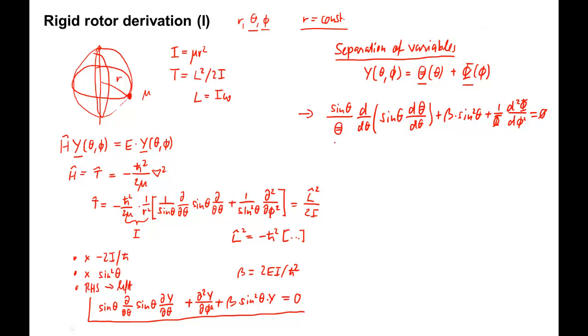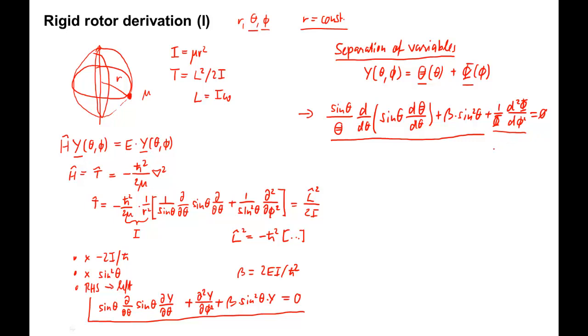Now, the first two terms depend only on theta, and the last term depends only on phi. Varying phi could potentially change the last term, but not the first two. The sum of all three terms, though, has to remain 0. So if the last term were changing with varying phi, then we would break the equality.